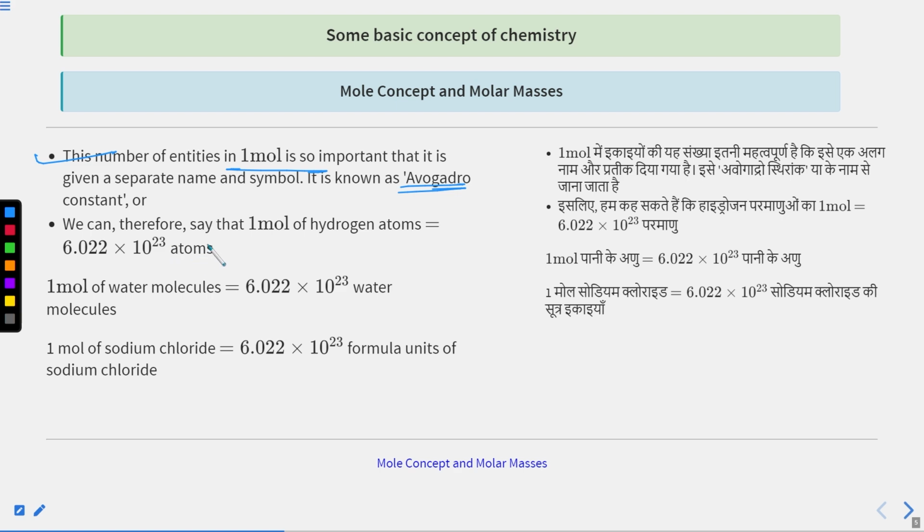So you can say that 1 mole of hydrogen atoms contains 6.022 into 10 raised to the power 23 atoms. 1 mole of water molecules contains 6.022 into 10 raised to the power 23 water molecules. 1 mole of sodium chloride contains 6.022 into 10 raised to the power 23 formula units of sodium chloride, because this is not a covalent compound, this is an ionic compound.